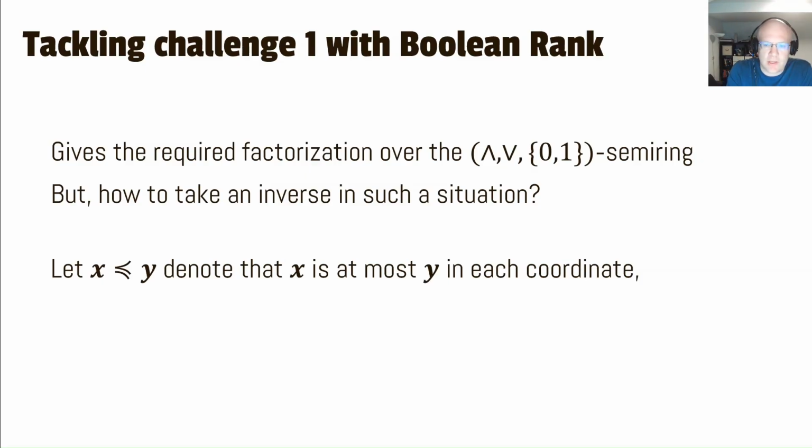And actually it turned out that in any additively idempotent semi-ring this idea works. So what we do is we have some ordering. If we have two vectors x and y, we say that x is before y, denoted, when x is at most y in each coordinate, and at most here means, for example, in the Boolean semi-ring, the thing that you think it means. So 0 is at most 1.